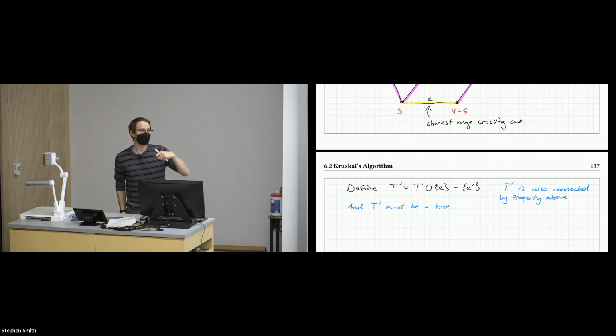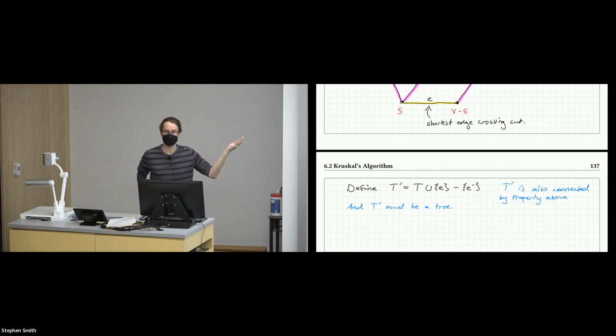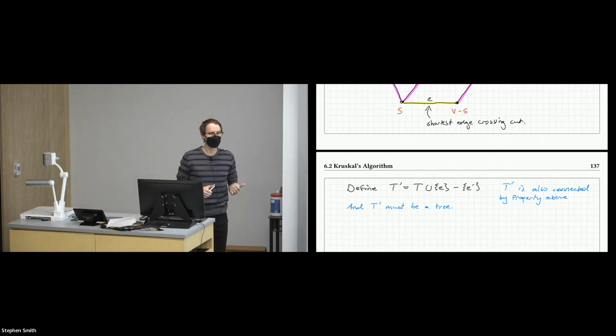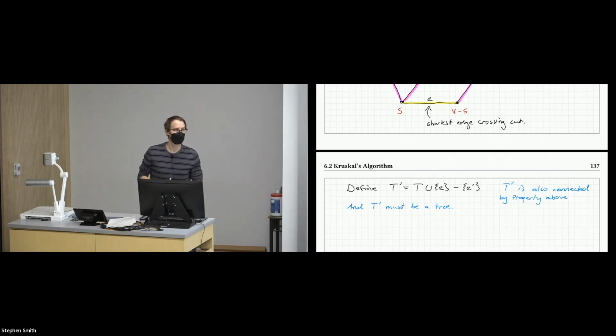And since T was a tree, T had n-1 edges. I added an edge and took one away. I still have n-1 edges. And I know it's connected from that property above because I just deleted a cycle edge. So the result must be a tree.